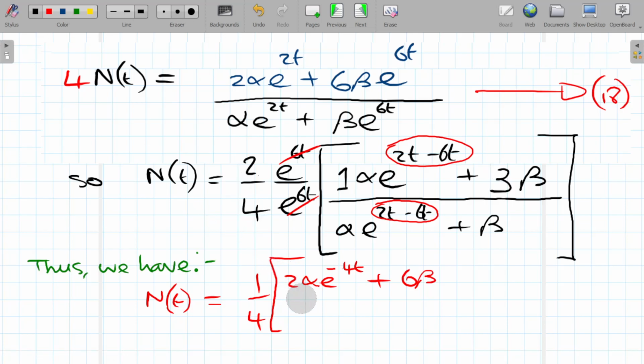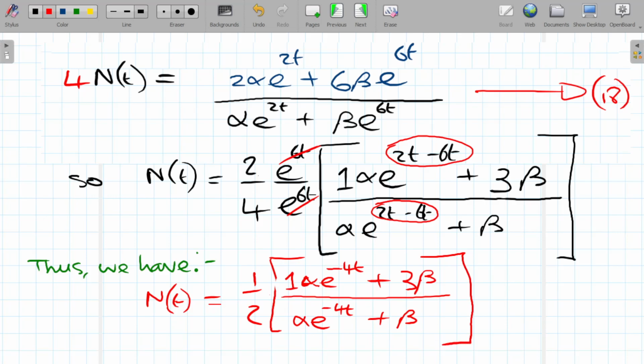So we've got 1/2 times, in brackets, alpha e to the minus 4t plus 3 beta, all over alpha e to the minus 4t plus beta.